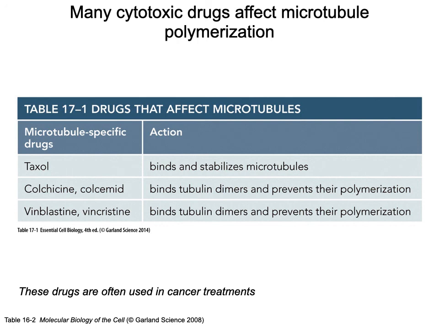It kind of freezes, halts the cell. These drugs are also used in cancer treatment because cancer cells need to be able to rearrange their microtubules so that they can undergo cell division, and this prevents them from being able to do that.